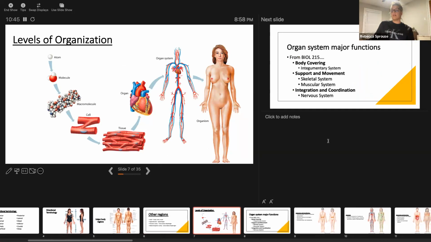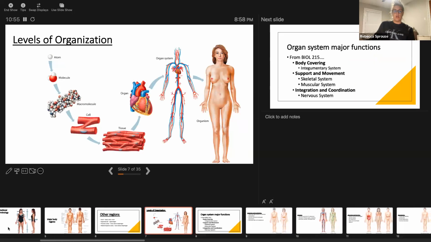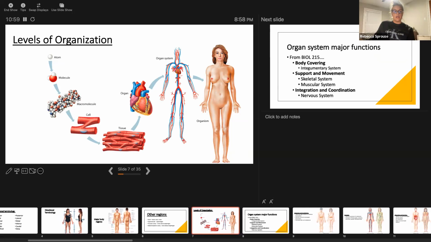Okay, let's review levels of organization. I'm not going to go into detail here again. A lot of this comes from a general bio class or a chemistry course. But essentially the simplest unit of all living things, or at least for biology, is a cell.